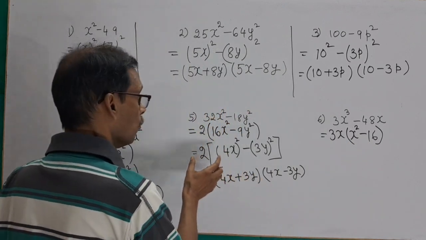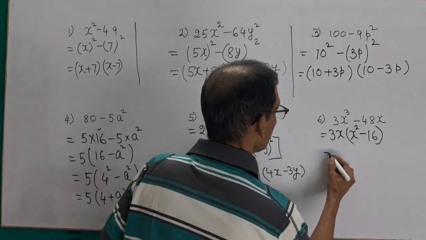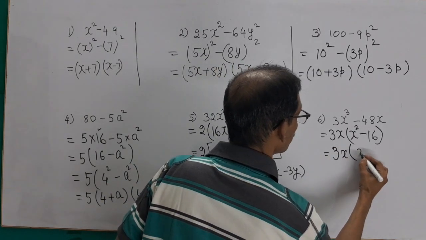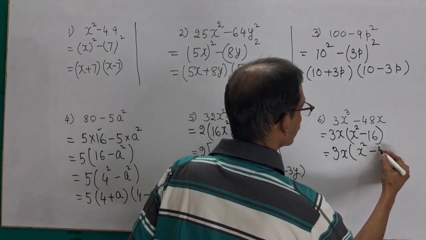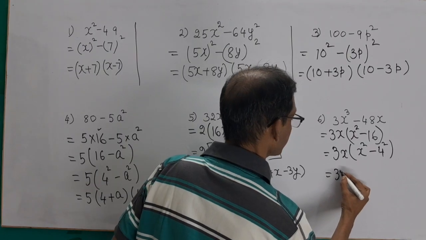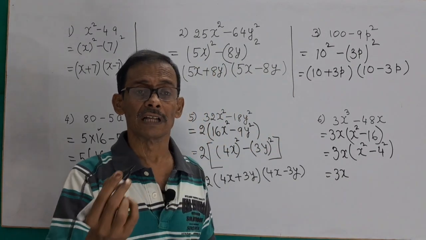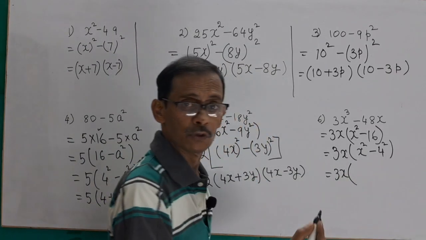Now again we will apply the same thing. This is 3x into x square minus 16, and you can write 4 square. This will be further factorized using the identity a square minus b square, which gives you a plus b into a minus b.